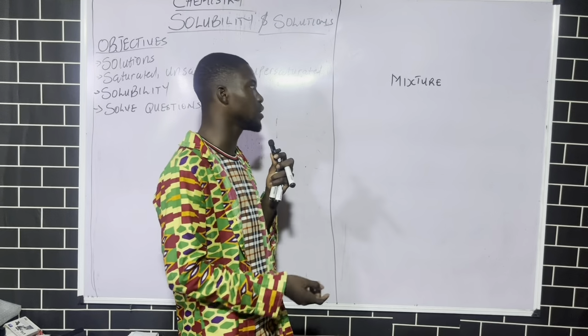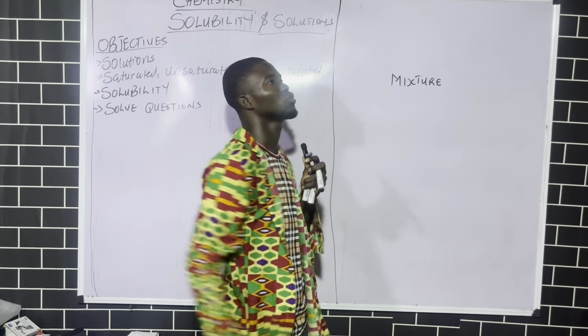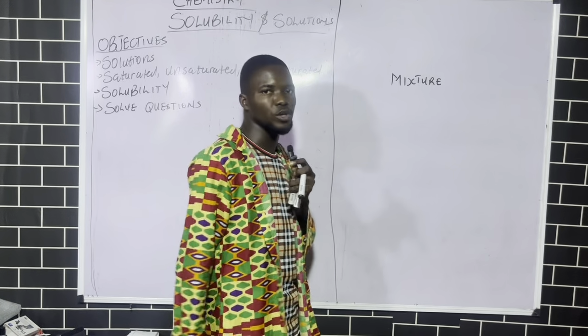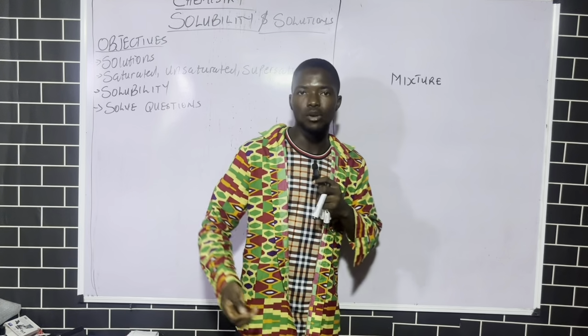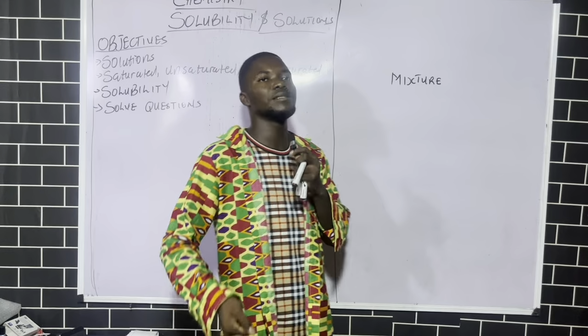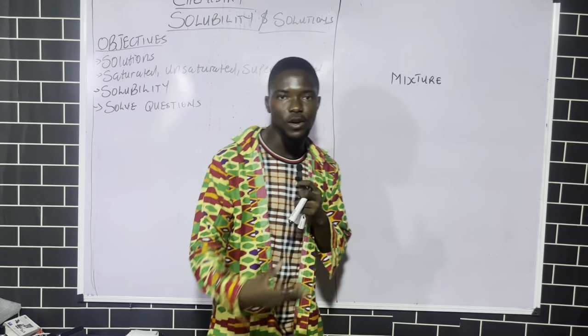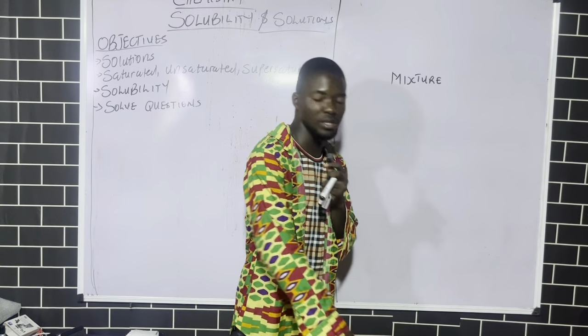Do you know why you can separate them? You can separate mixture because they are physically combined. There is no chemical interaction between them. Imagine you are moving on the road and you are holding beans you went to buy. As you are coming back, the nylon just tore, and the beans fell on the floor.